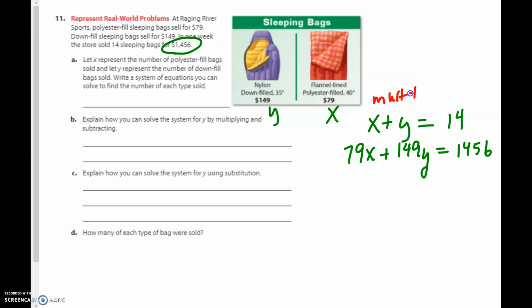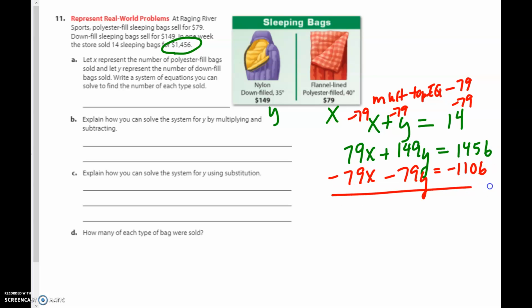When I do that, I end up with negative 79x and then negative 79y, and 14 times 79 is going to be negative 1,106.